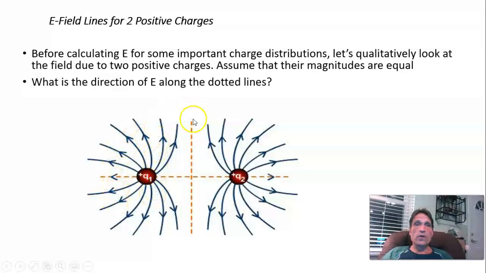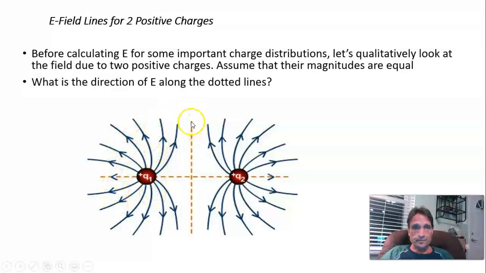What happens if we were to go up here along this y-axis? Well, Q1 would repel this positive probe charge, so the force due to Q1 would be at some angle, pointing upward and to the right. The force due to Q2 would be repelling, and that would be along this line to the left.